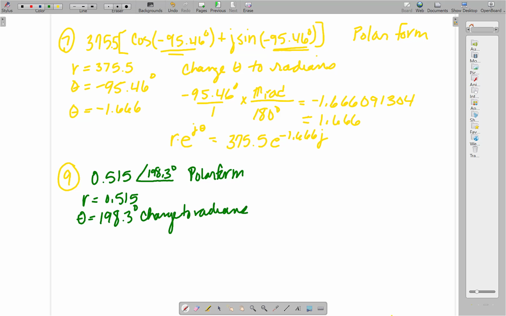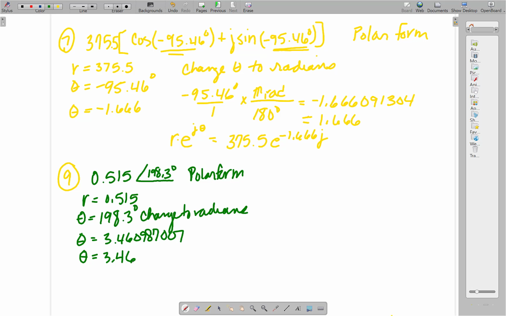If you change that to radians, you will get theta equals 3.46098707. We're going to go to 3 significant digits. I would have thought we would have gone 4, but your book does 3.46.